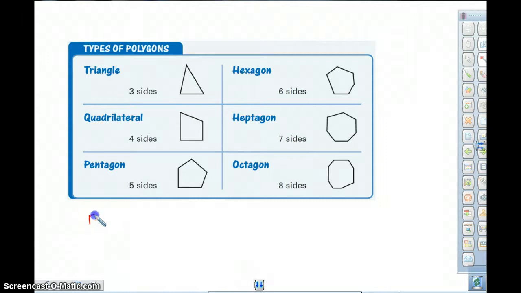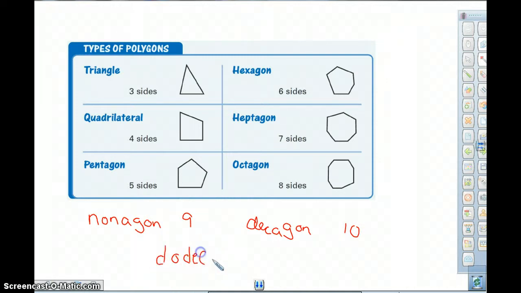You also may want to add nonagon, which is going to give us 9, a decagon is going to give us 10, and if we want to go a little bit further, a dodecagon is a 12-sided polygon. You are going to have to know those, so you're going to want to make sure that you have those in your notes.